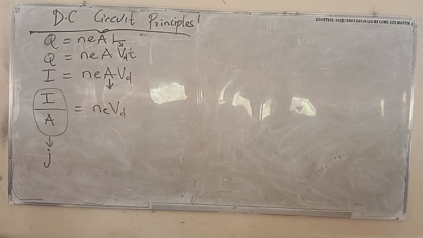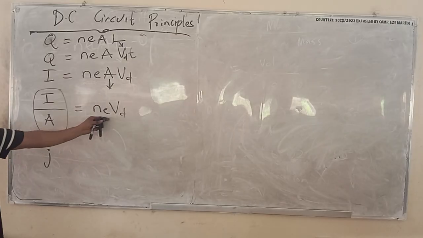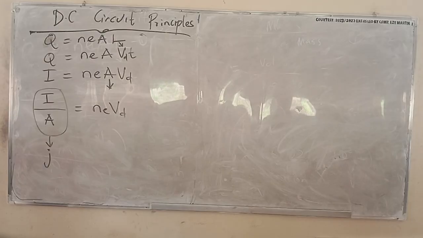So whenever you see this in physics, I said this now is J, it means current density. So I over A, current over area, is current density represented with J. So that J is equal to NEVD.